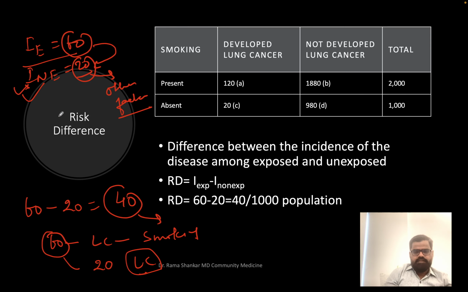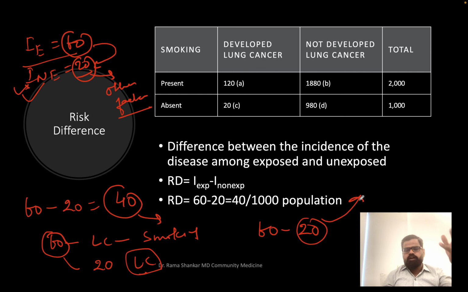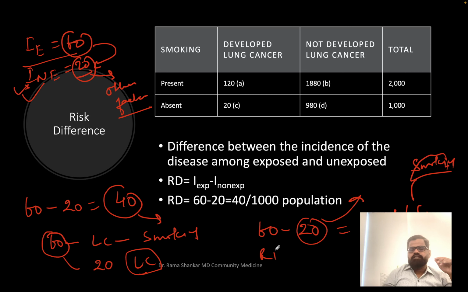So if I remove 20 from this 60, why? Because these people anyhow will develop lung cancer even if they are not smoking. So I can say 40 people are developing lung cancer definitely due to smoking. Right? So the risk difference is incidence in exposed minus incidence in non-exposed.